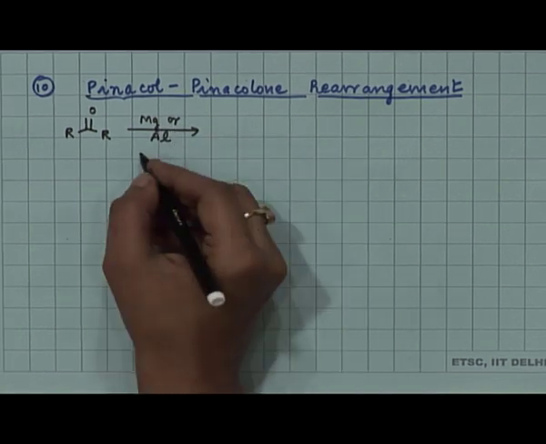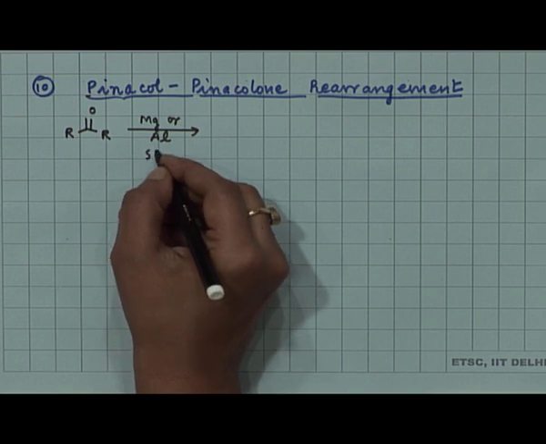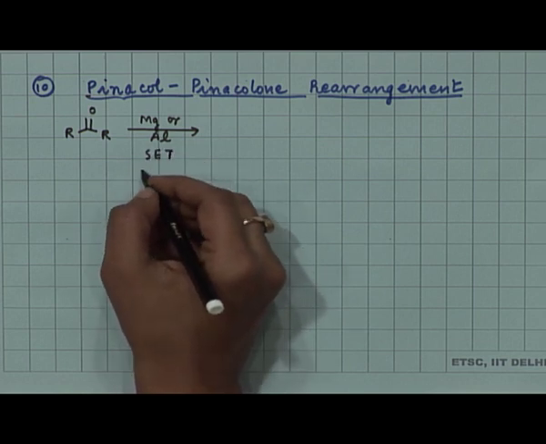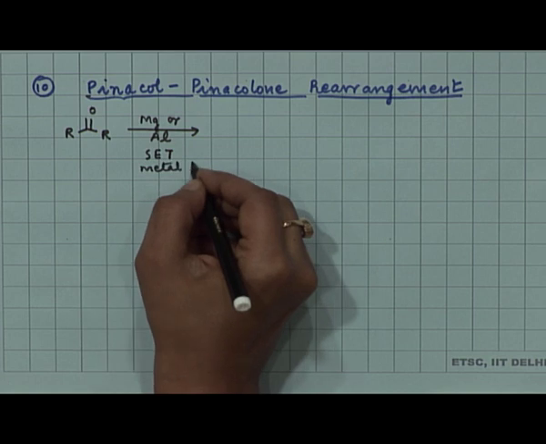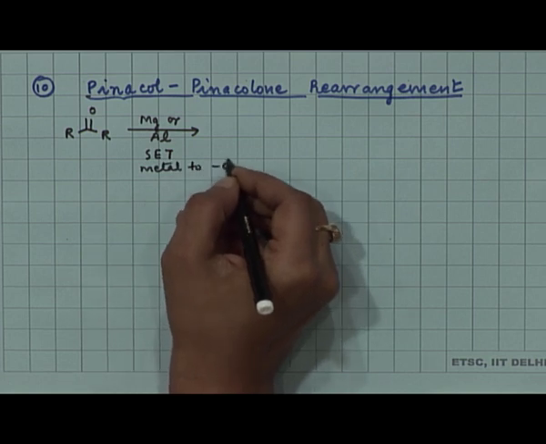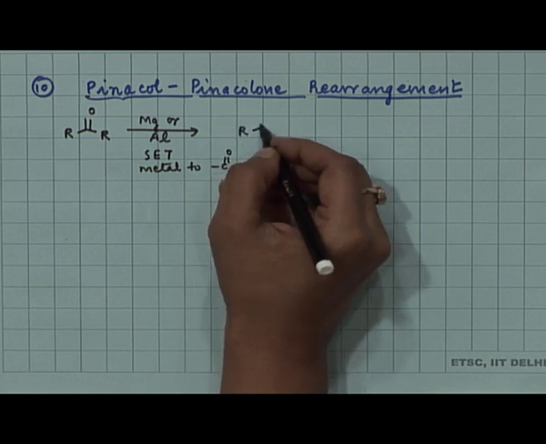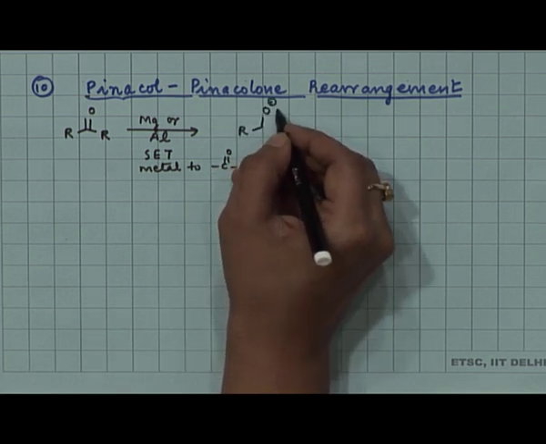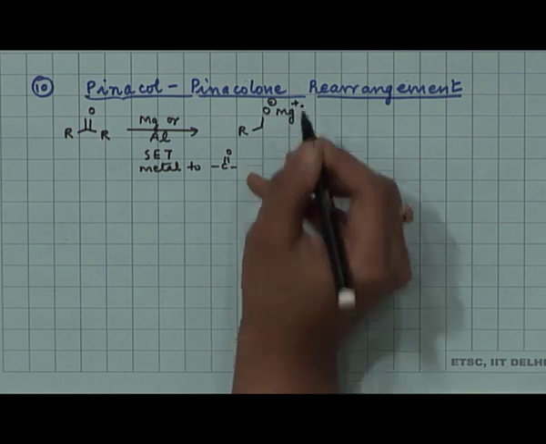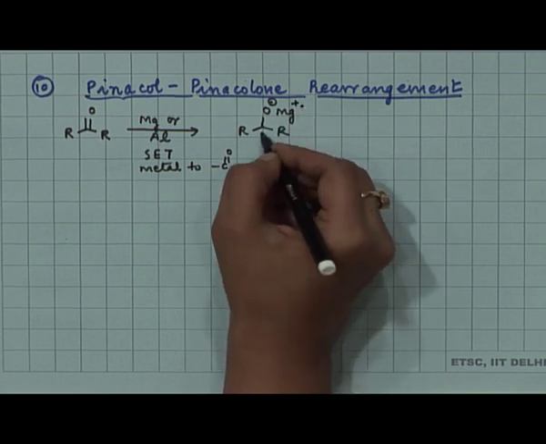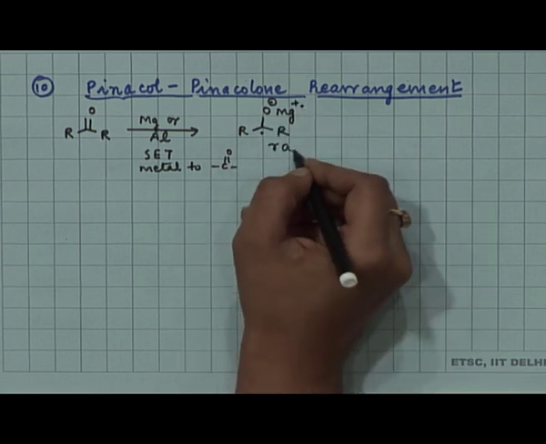And in this first step, there is a single electron transfer from the metal to the carbonyl. Okay, so, from the metal to the carbonyl, there is a single electron transfer which results in the formation of this radical anion.